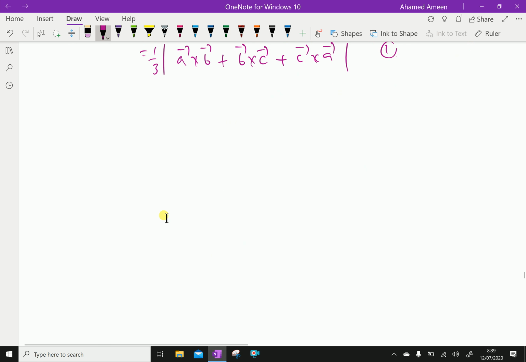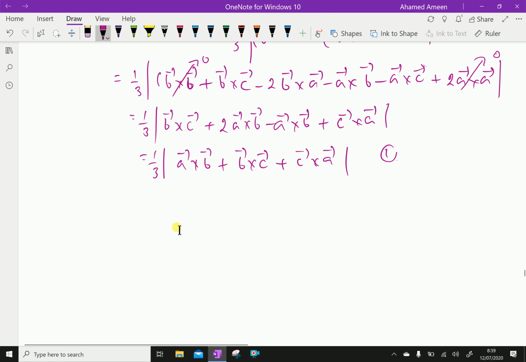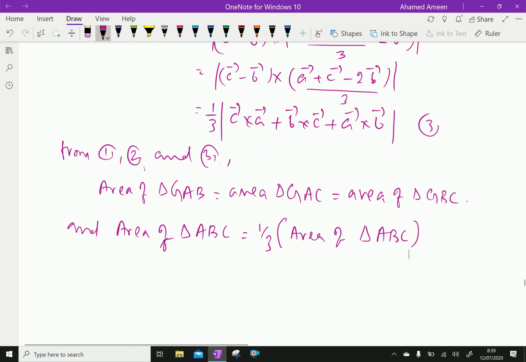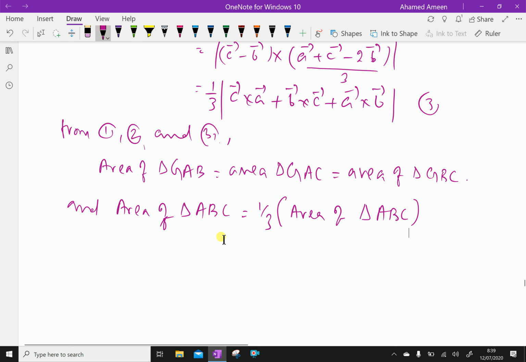So all the inside three triangles are equal. Therefore we can get that area of each of these triangles is 1/3 of the area of triangle ABC.